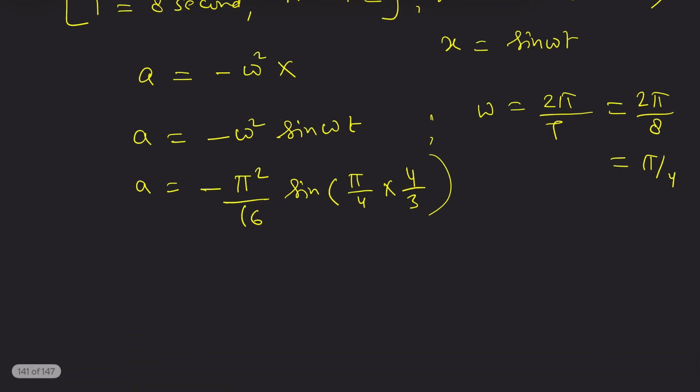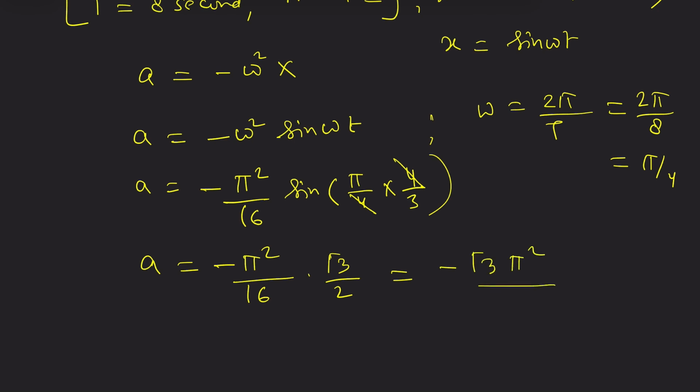So the 4 cancels, so a is equal to minus pi square by 16 into sine pi by 3, which is sine 60, which is root 3 by 2. So the answer would be root 3 pi square divided by 32 centimeter per second square.